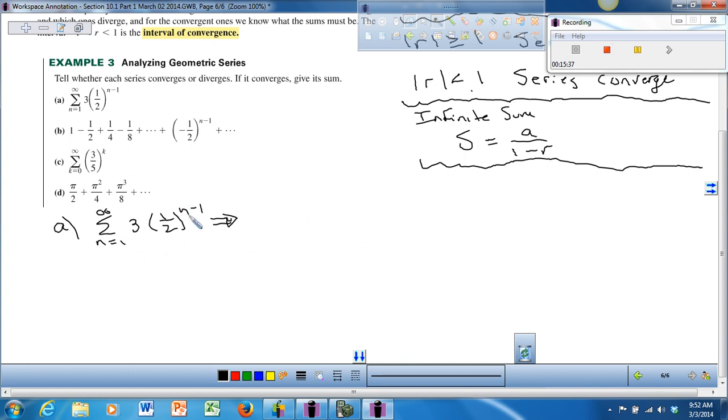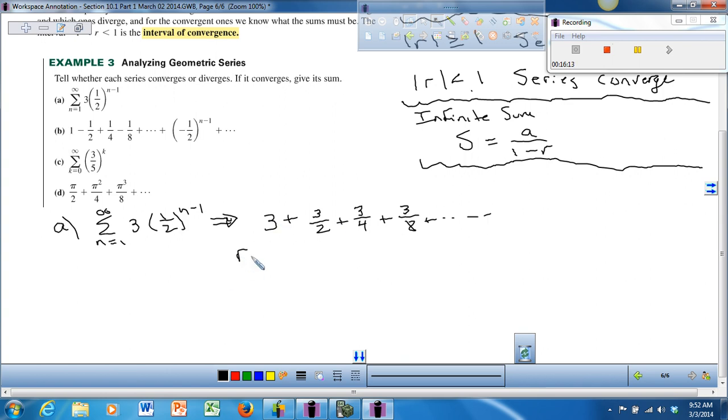That means I plug 1 in for n, and what do I get? I get 0 for the exponent, so I get 3, plus, plug 2 in for n, 3/2, plus 3/4, plus 3/8, and so on. All right?